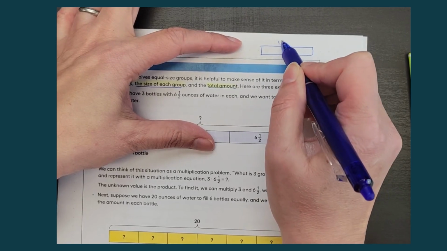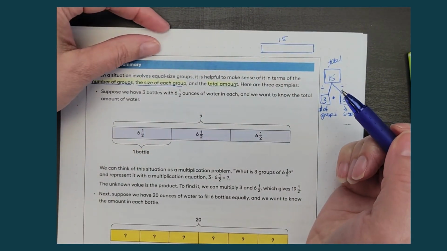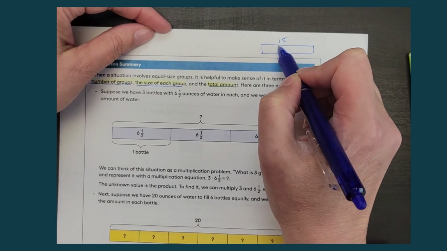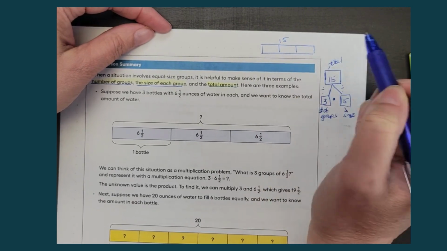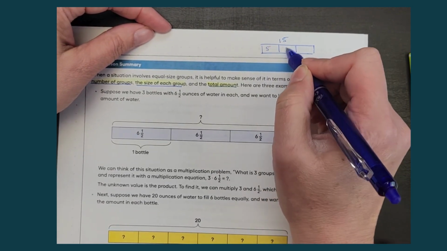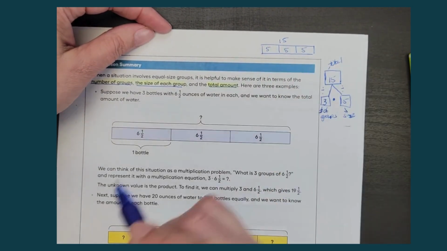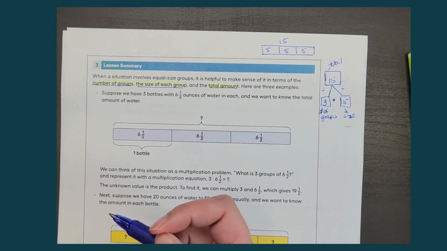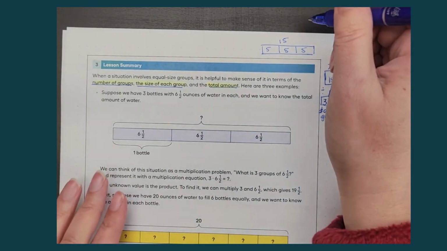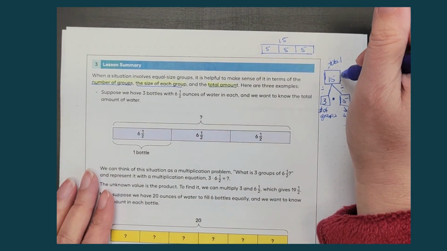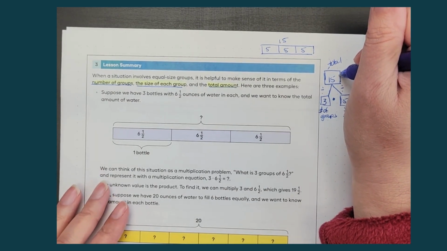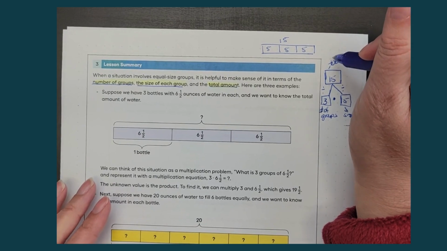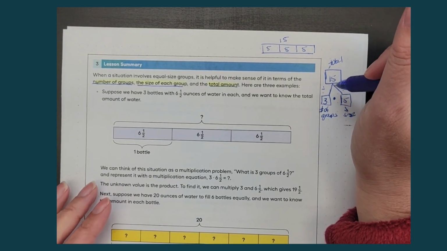So we know that we have 15 in all, and the number of groups we have is 3, and the size of each group is 5. And that would be another way that I could represent that and think about that as I go forward. And so we would often say to students, okay, so this is our quotient, and that's the answer that we get in a division problem.